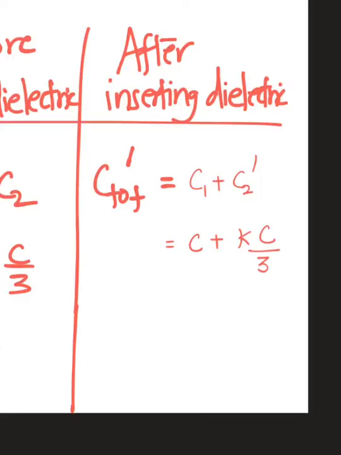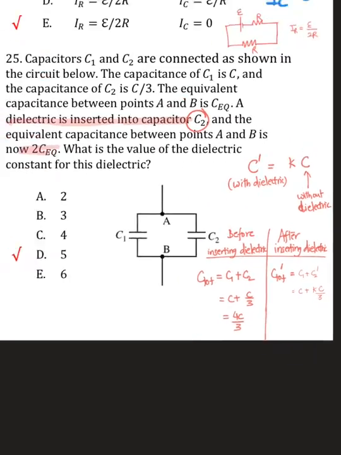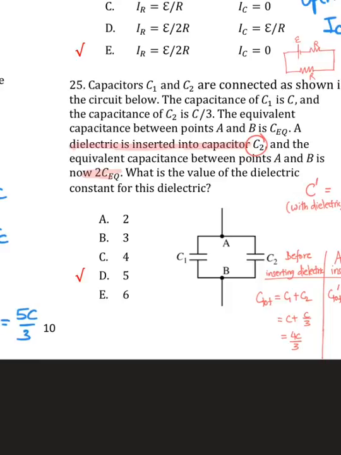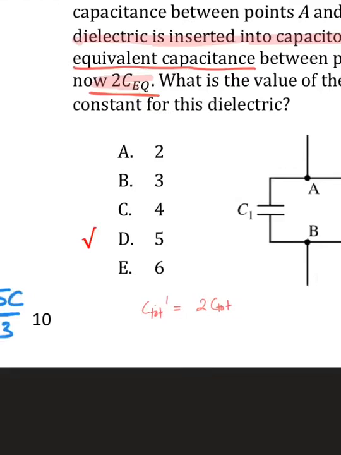Now we need to find the value of the dielectric constant, so we need to use some other information from the problem. It says that after inserting the dielectric, the equivalent capacitance becomes 2CEQ. That means twice of what it was before without the dielectric. So we can write C total dash is 2 times C total.